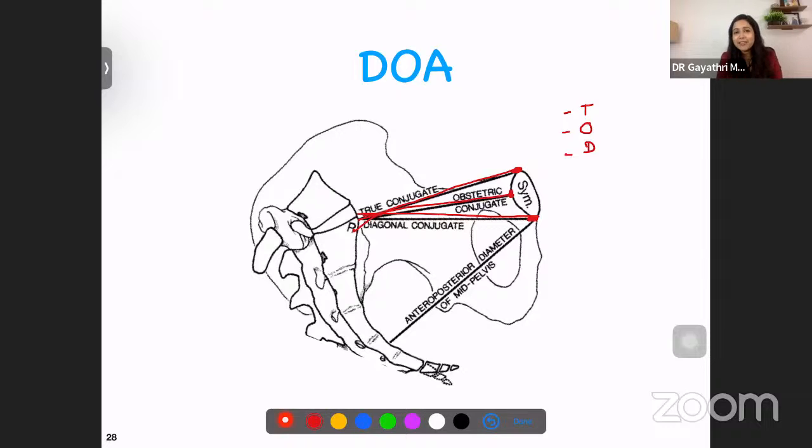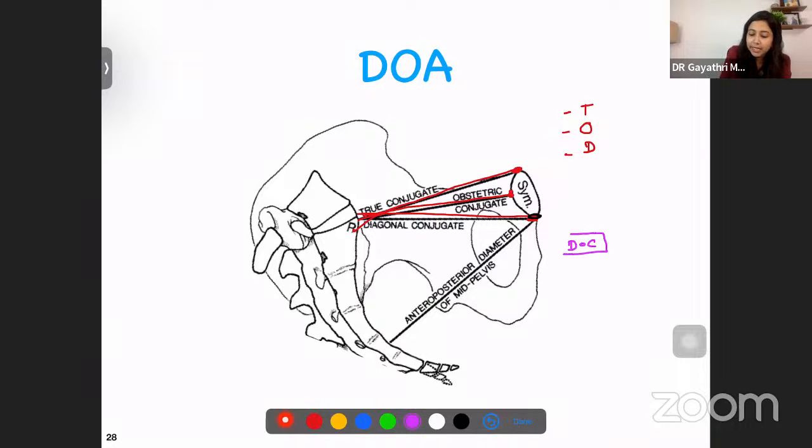Now you might have realized that the one I showed was the lowermost one, from the lower part of the pubic symphysis to the sacral promontory, and it is the diagonal conjugate which is shown. The importance is that the clinically measured conjugate is the diagonal conjugate.